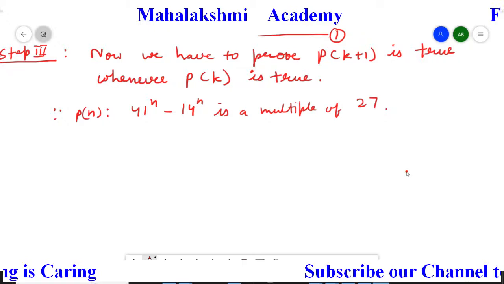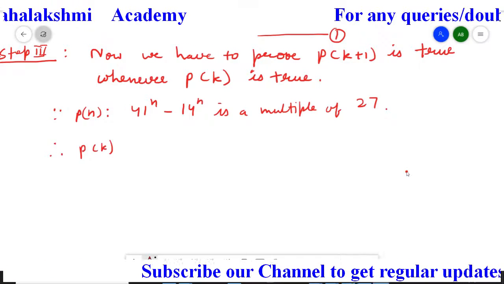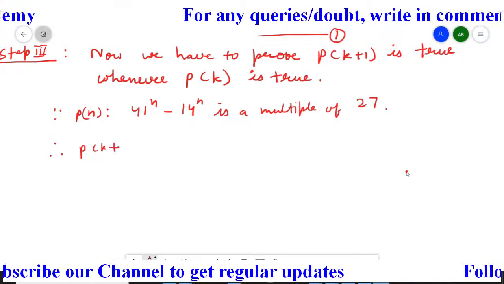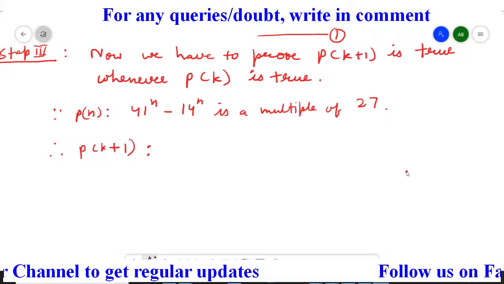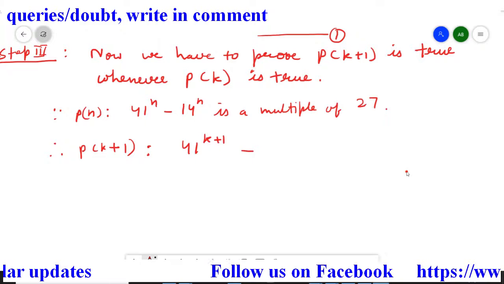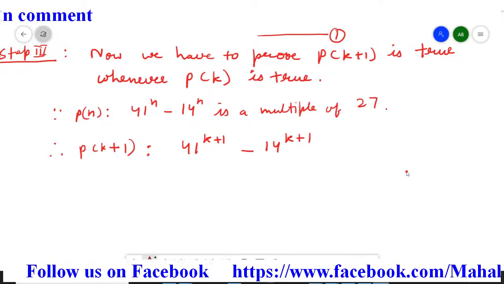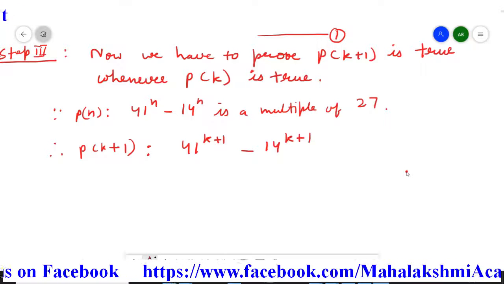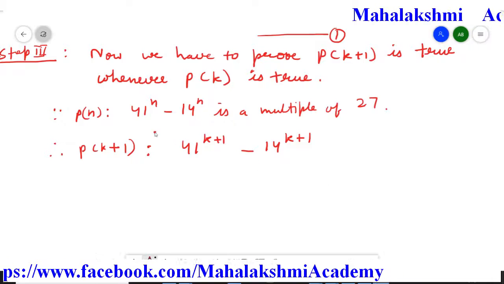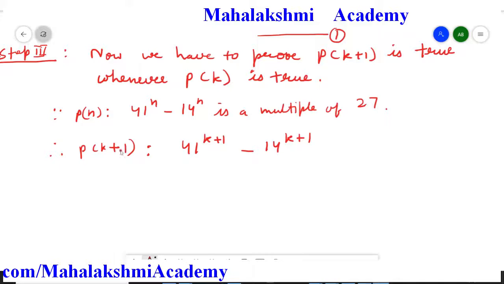So this is given to us. Pk plus 1 we have to prove. So Pk plus 1 is going to be 41 raised power k plus 1 minus 14 raised power k plus 1. Now I am not writing here that it's a multiple of 27, because now we have to prove it. So what we have done is, first I wrote the Pn statement and instead of n I replaced n by k plus 1.